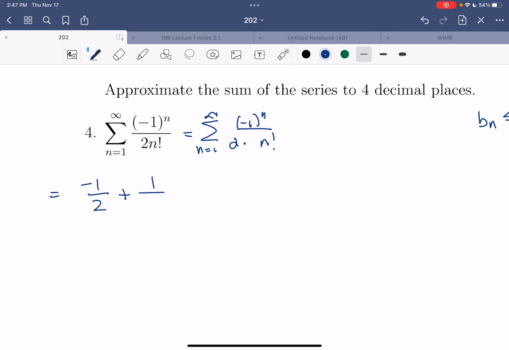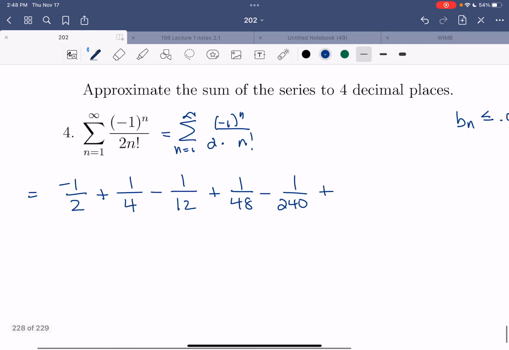The bottom number is 2 times 2 factorial, so that's 4. And then I'm going to alternate signs. So the 1 stays up top. 3 factorial is 6 times 2 is 12. Then plus 1 over 4 factorial is 24 times 2 is 48. Minus 5 factorial is 120 times 2 is 240.